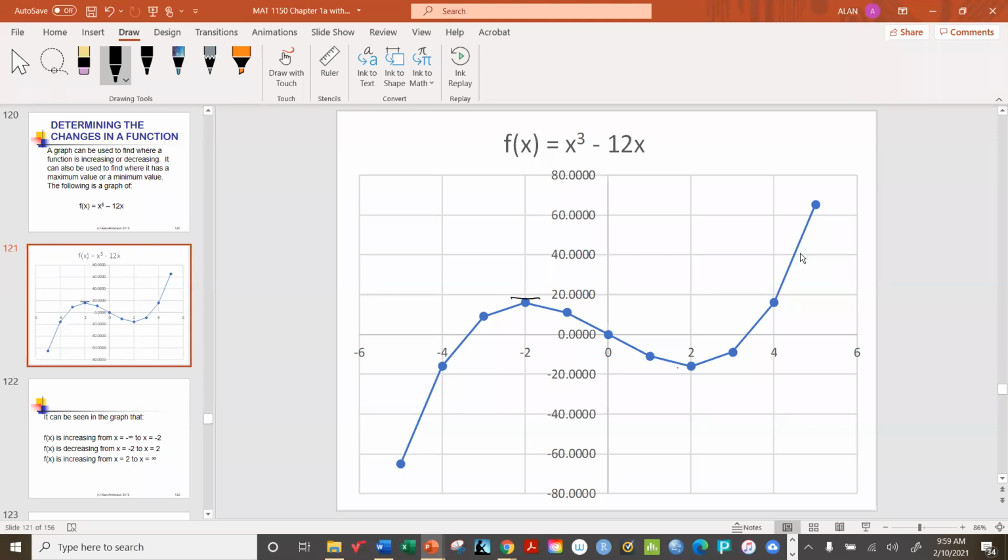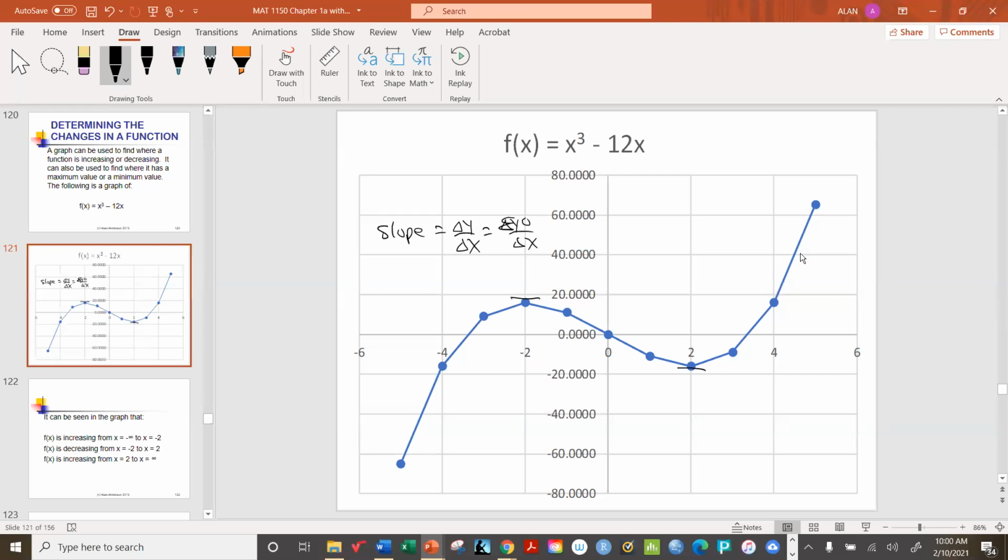And by the way, one thing you do want to do here is it helps a lot to identify any points where the slope is 0. So wherever the tangent line is flat, that means the slope is 0, because the slope is delta y over delta x, and a flat curve means that delta y is 0.